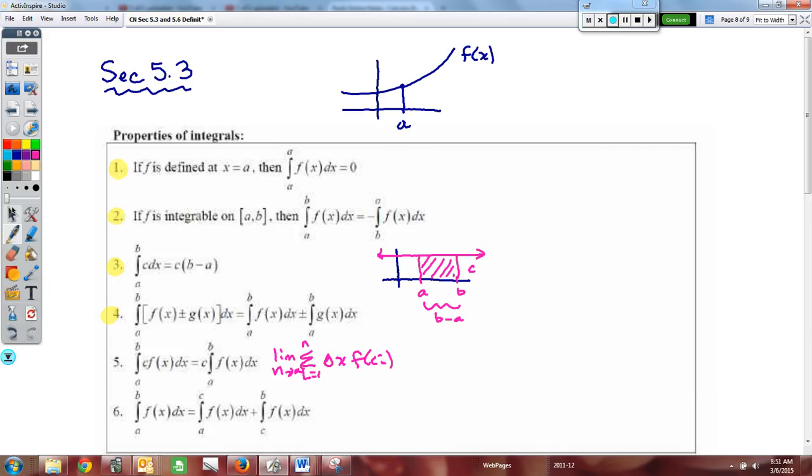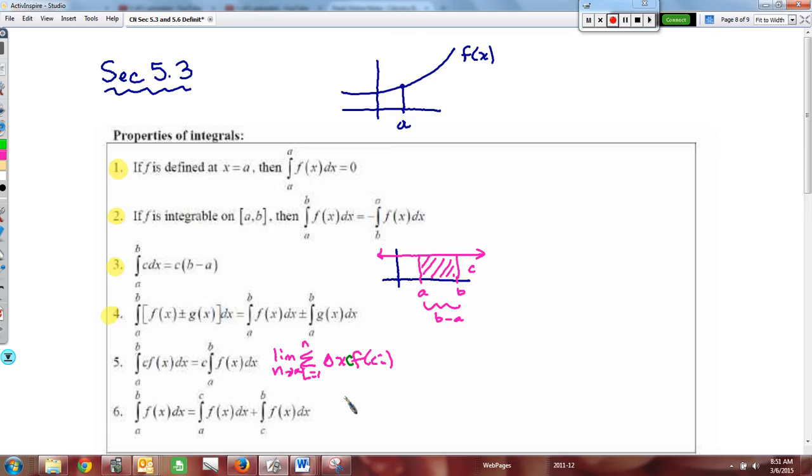If I multiply this function by a constant, that constant is not the variable of integration, so you could pull it out of the summation. And it's also not the variable of the limit, which is n, so then I can pull it all the way out. And so you can essentially pull out your constants.